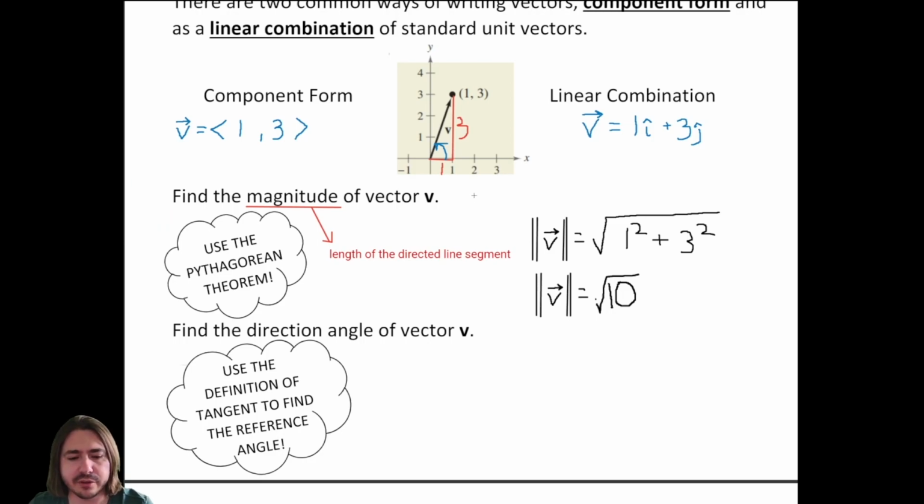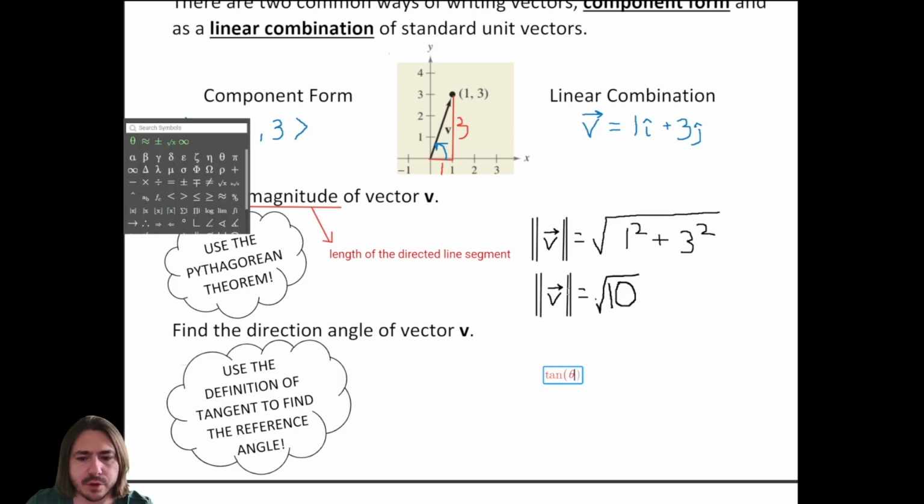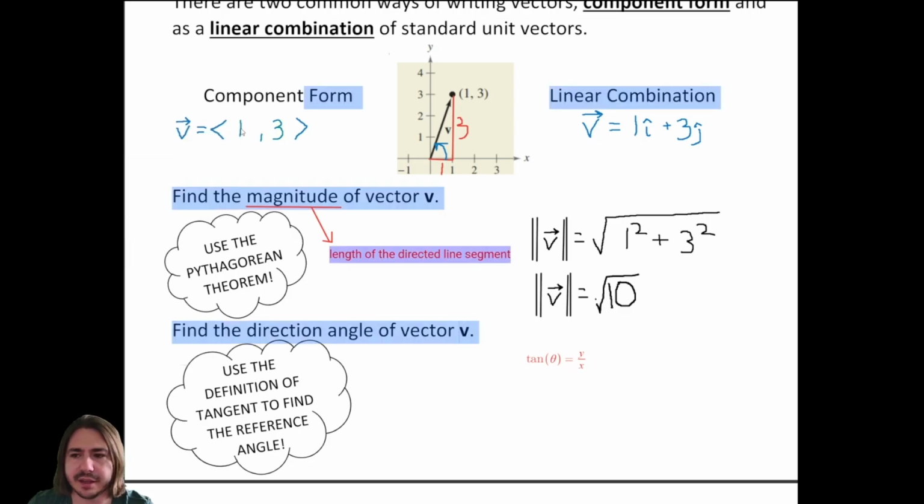So to find an angle, we're going to do something that we did a lot last year at various points in the semester, and that is we are going to use the definition of tangent, which, if you'll recall, tangent of theta is the opposite side over the adjacent side. Okay, so the opposite side being y and the adjacent side being x. Now this is the x and y component of the vector. So like in this case, the x would be the 1 and the y would be 3.